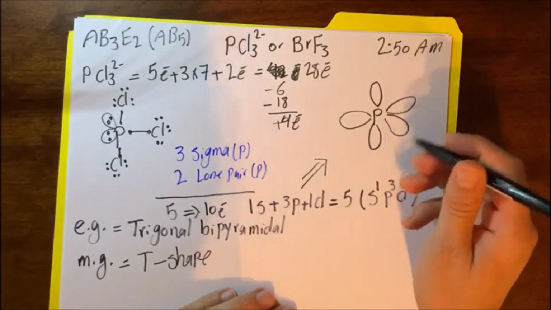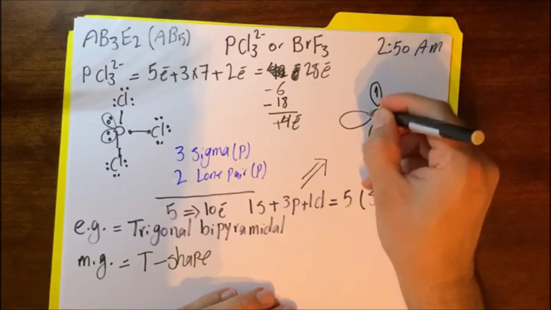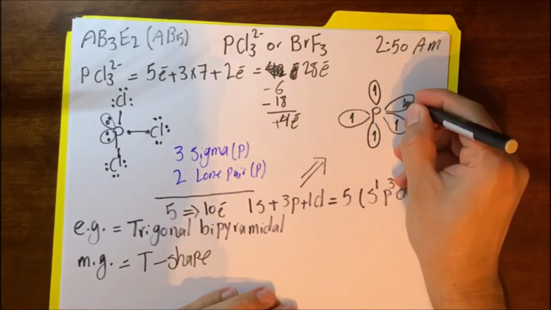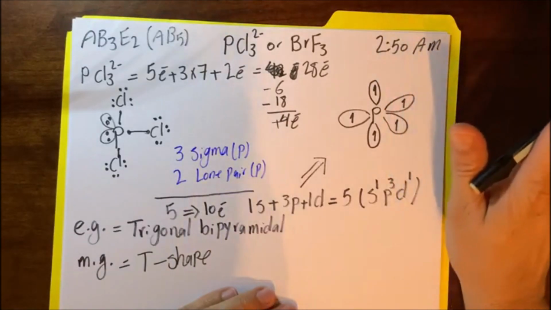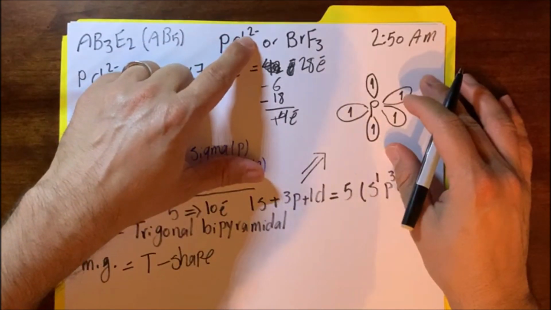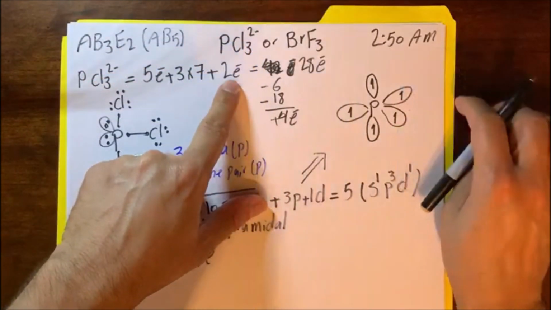Phosphorus is group 5, so I'm going to show the electrons of phosphorus. Five electrons until now. Please look at the charge. The charge says -2. That means we have 2 extra electrons.